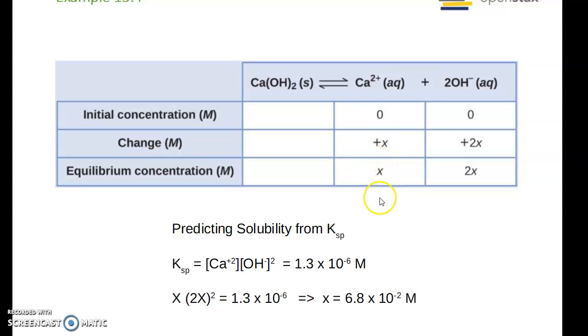The concentration of the calcium ion is going to be 6.8 times 10 to the minus 2. The concentration of the hydroxide ion is going to be twice that, isn't it? It's going to be 13.6 times 10 to the minus 2, right? 2 times 6.8 is 13.6.